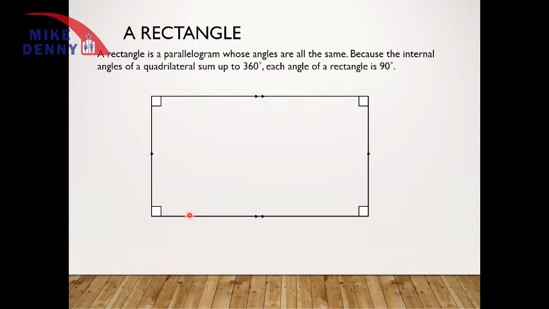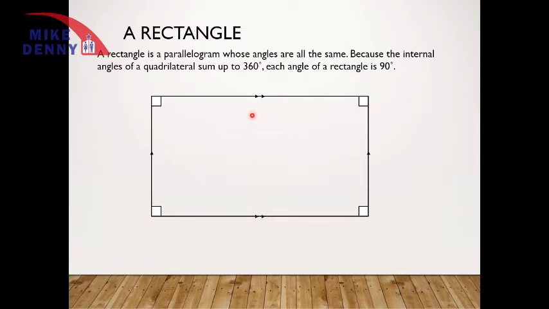So it is first of all a parallelogram, and it has all angles the same. So all angles are the same, it means each angle is 90 degrees.